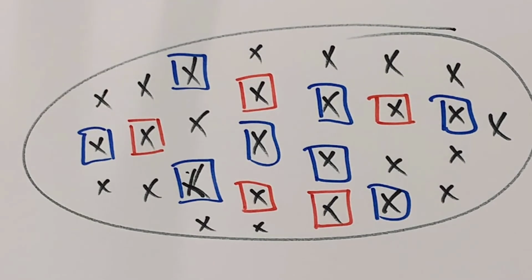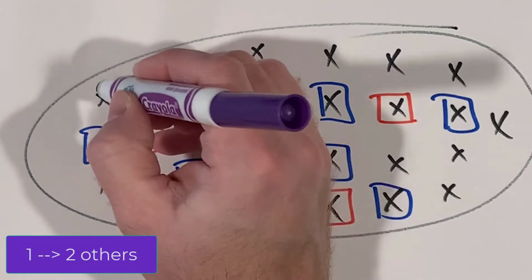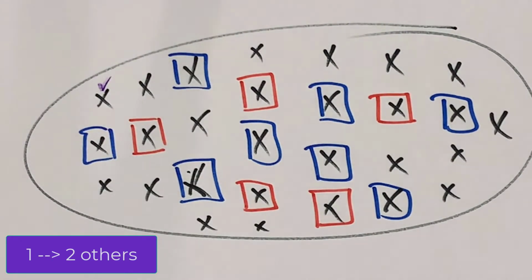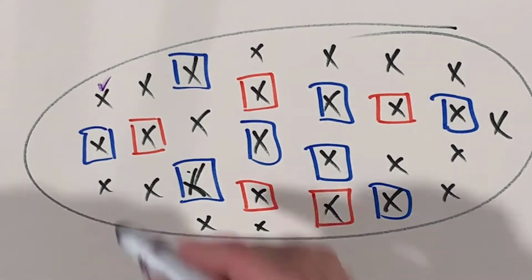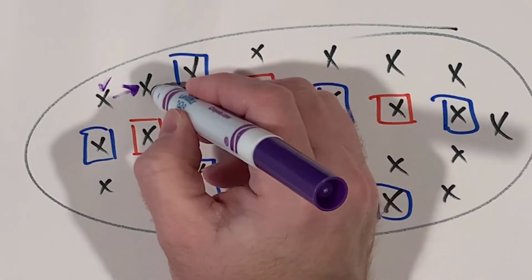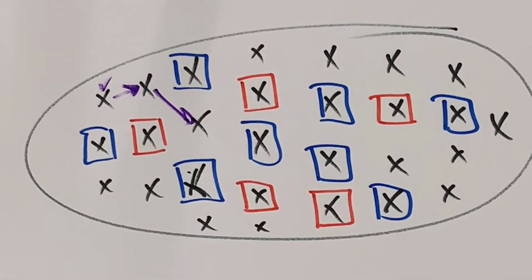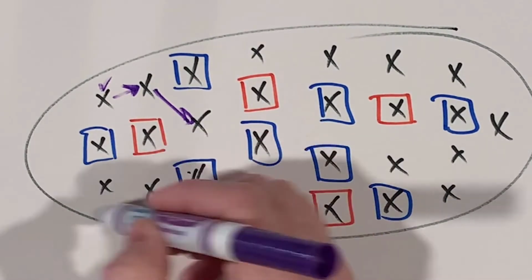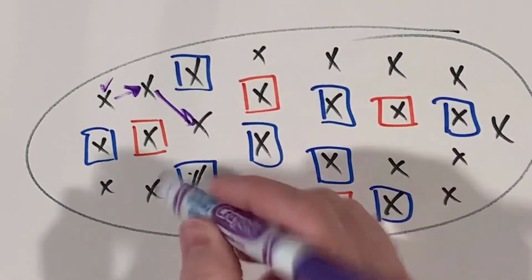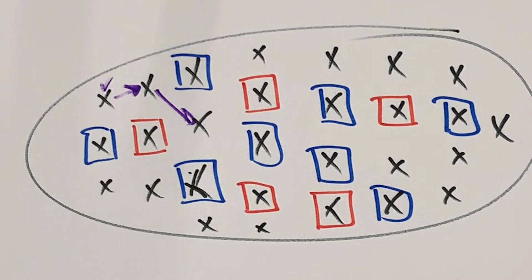So how is our virus going to move through this population? Well, if purple is my virus this time, again, same rules. One infected person is going to infect 2 other people. Now, let's see. Well, I can go there. These guys are probably too far away for him to see, so that may have caused this to slow.